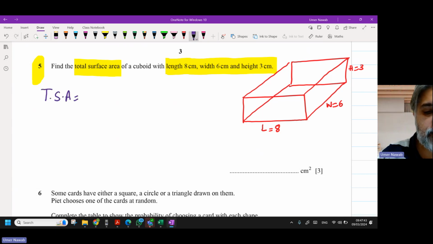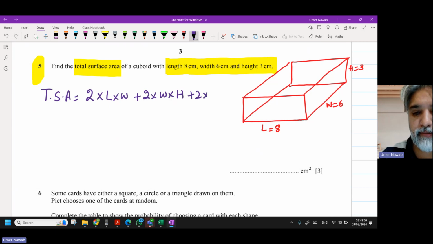TSA, total surface area. You need to write 2 times length times width, plus 2 times width times height, plus 2 times height times length.